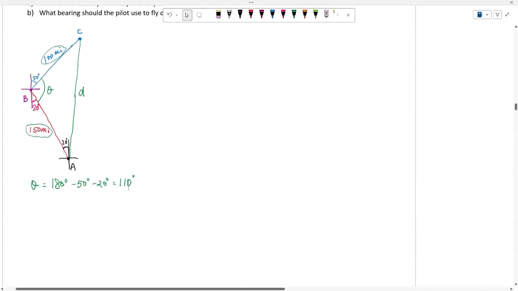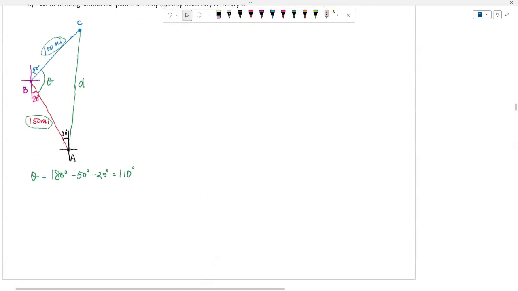Then based on this, we could actually find D. We will have D squared equal to 150 squared plus 100 squared minus 2 times 150 times 100 times cosine of 110, right?